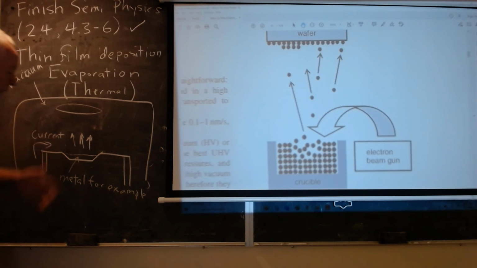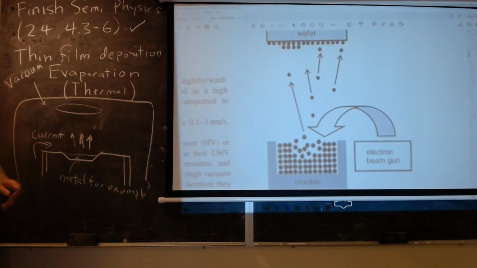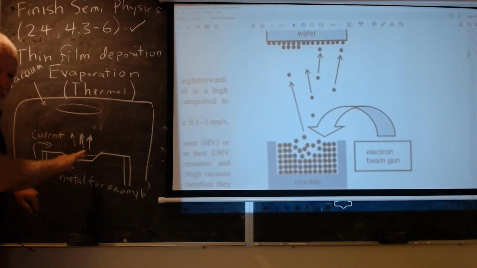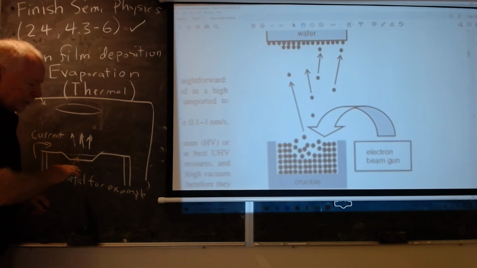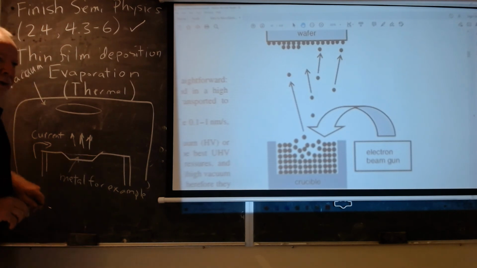When you're operating an evaporator, you usually have a viewport, and you can look at this thing. It doesn't look like it's boiling in the sense of water boiling. It looks, ideally anyway, fairly serene. Of course, it's glowing bright white, but it's just sort of liquid. It's not like you're aggressively boiling something.